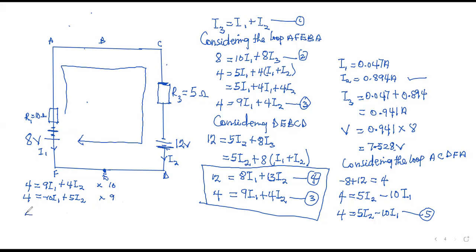So this is 40 is equal to 90 I1 plus 40 I2. Then this is 36 is equal to minus 90 I1 plus 45 I2.